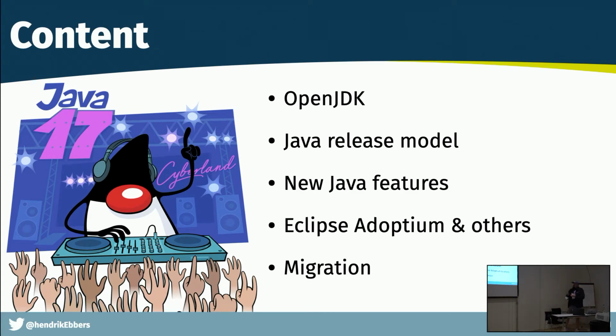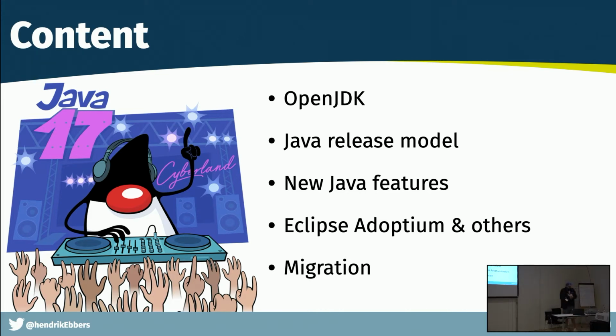Next, since we now have with Java 17 a new Java long-term support release, we will have a look at some new features and how these features evolved within the different Java versions. Then we will have a look at different Java distributions, especially what we are doing at Eclipse Adoptium and how we provide OpenJDK-based binaries.